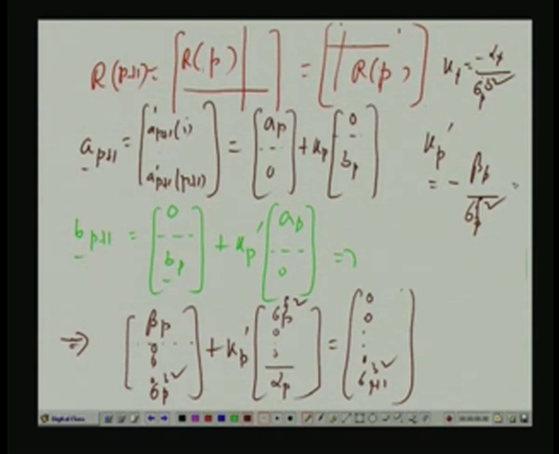In fact, you put that back here, and you now get sigma_{p+1} b square from the last equation.